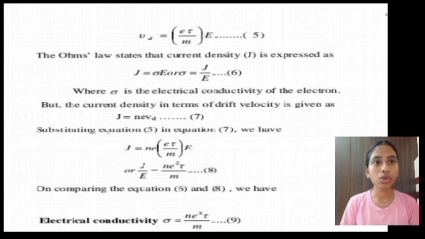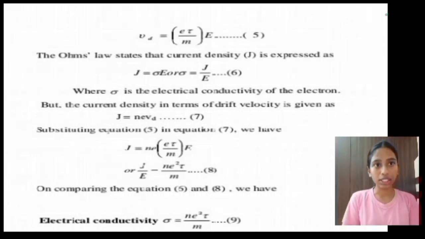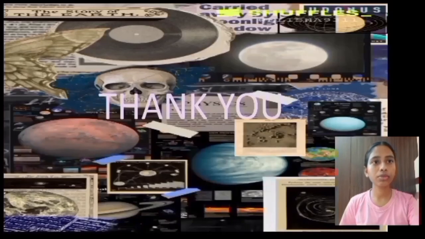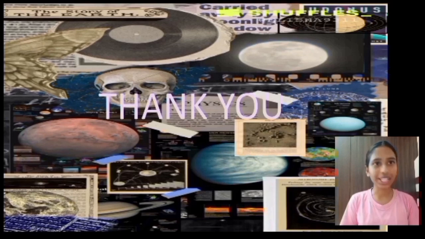When we substitute 5 in equation 7, we get J equals n e into eE tau divided by m, so J divided by E equals n e squared tau divided by m, which we will take as equation 8. On comparing equations 6 and 8, we have electrical conductivity sigma equals n e squared tau divided by m. And thank you for watching.